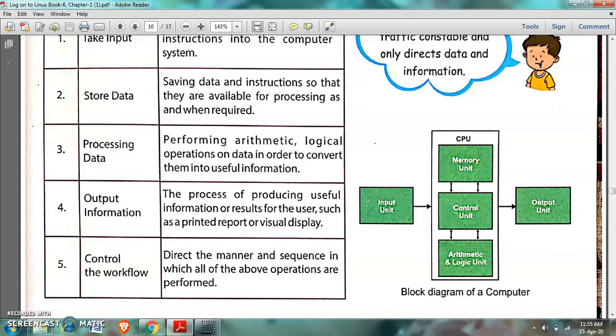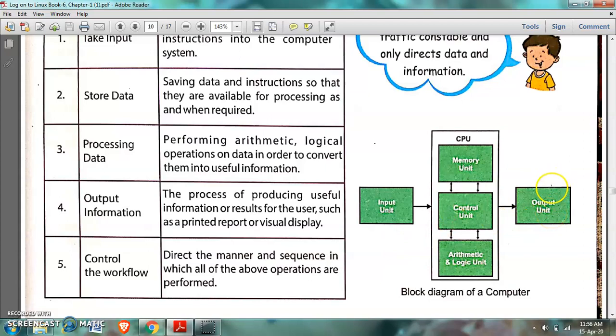The memory unit stores the data, the control unit controls all kinds of operations, the instructions and the raw data, and the third one, the arithmetic and logic unit, performs these types of operations or processing. So these three units are very important to convert input into output.